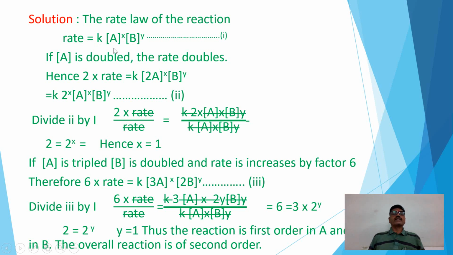Rate is equal to K times the molar concentration of A raised to power X, times the molar concentration of B raised to power Y, where X and Y are the orders of reaction, which are assumed. What we have to determine are the values of X and Y.